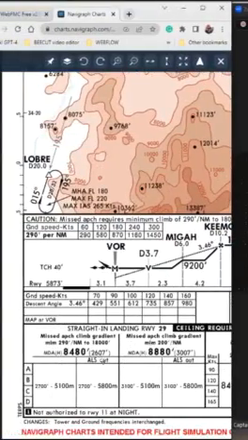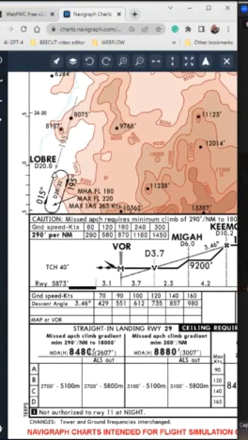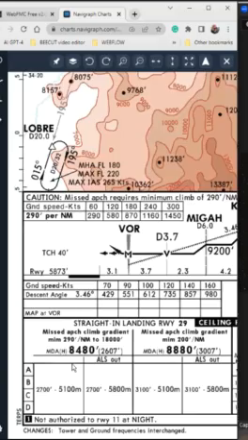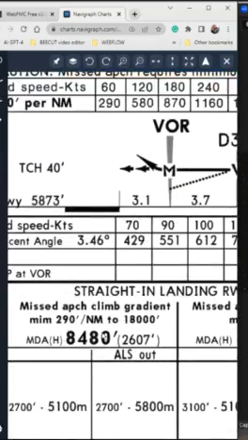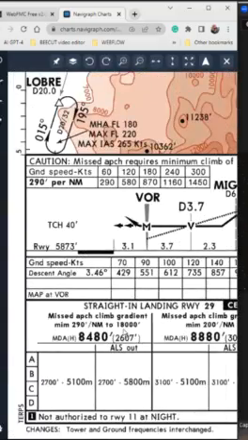The minimum is based on climb gradients for your aircraft weight, temperature, etc., computed by your flight dispatch. We'll say for today's reference, we are good for a gradient of 290 feet per nautical mile to 18,000.